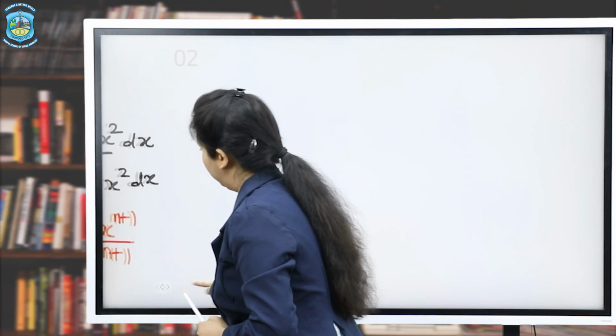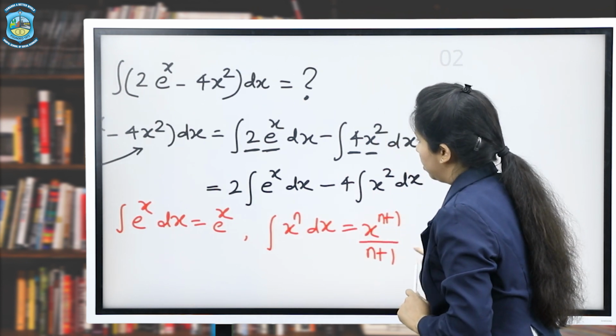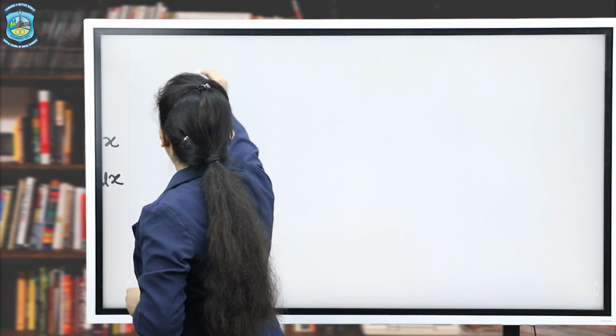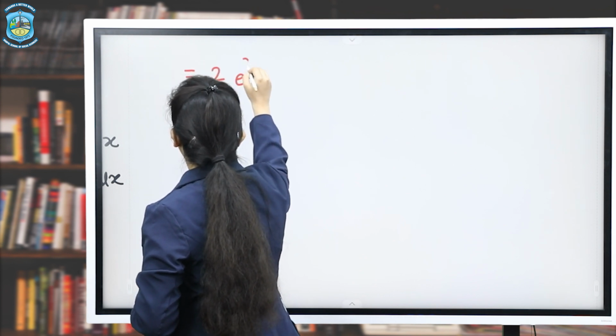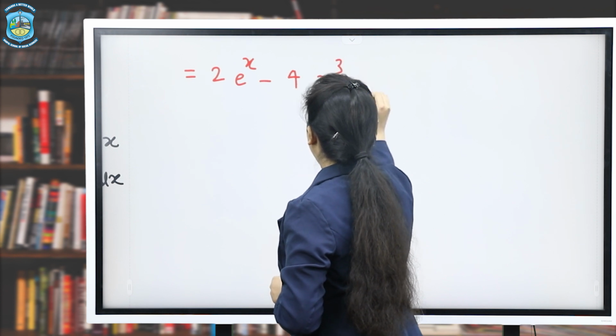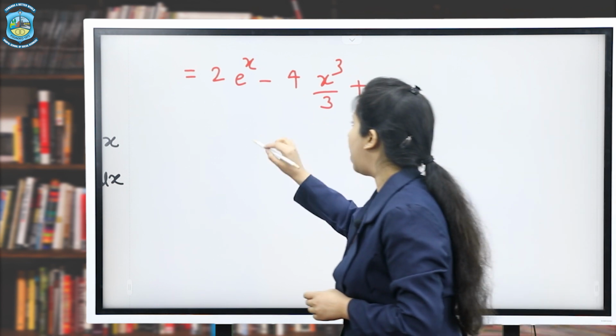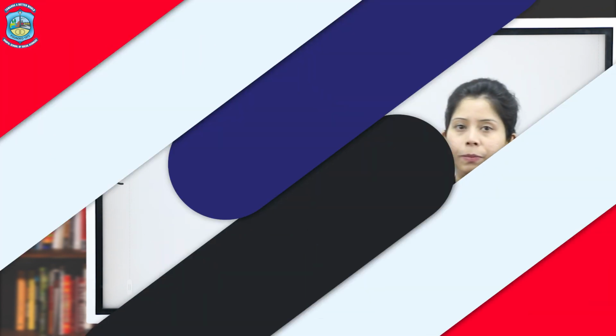So, the last term was x square. On integrating, we will get 2 e raised to the power x minus 4 x cube by 3, plus we will add the constant of integration at the end. So this is the value of the integral.